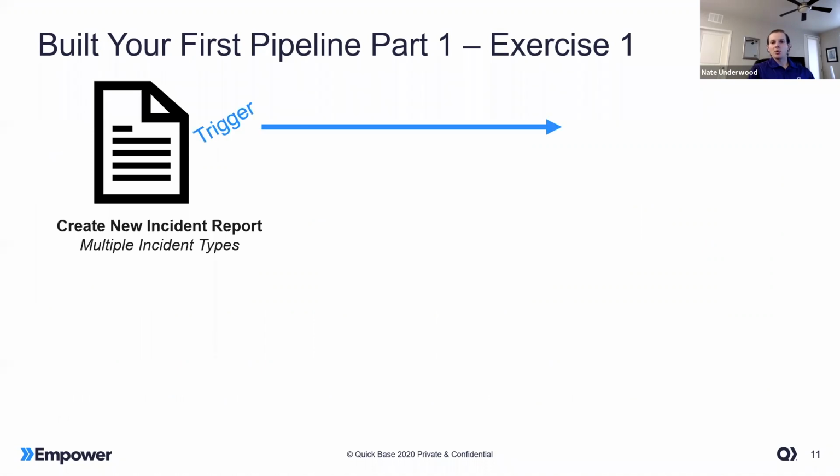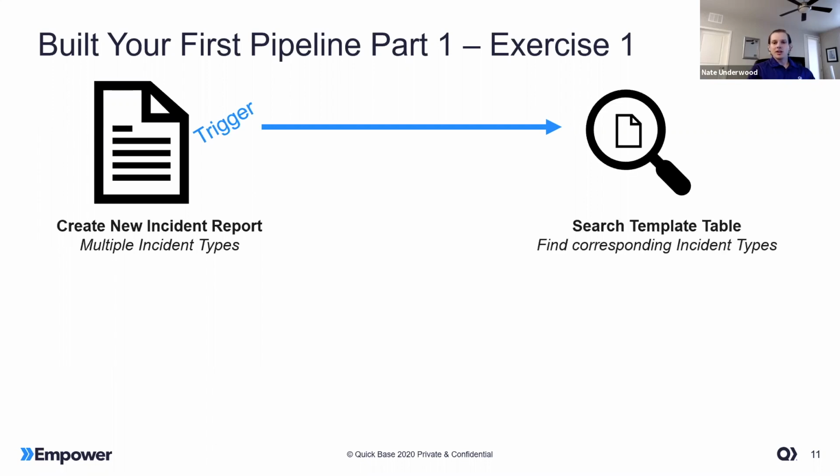Creating that report is our trigger, which brings us to our next step, which is searching our template table to find any templates that match the same incident type. Once we've done that, we're going to create our incident actions, right?